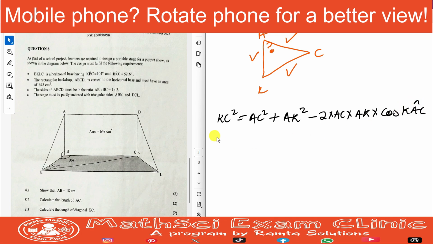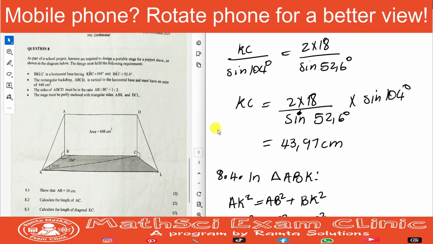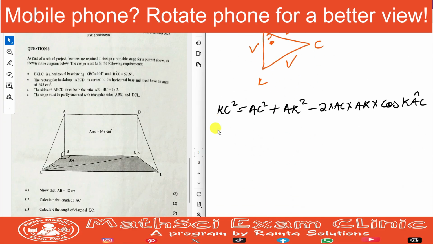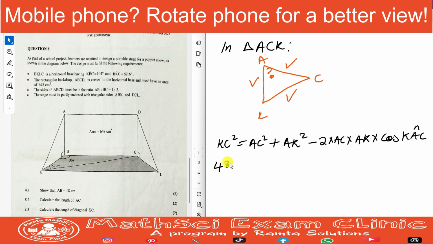What is KC? We did find KC, 43,97 centimeters, right? 43,97 squared.